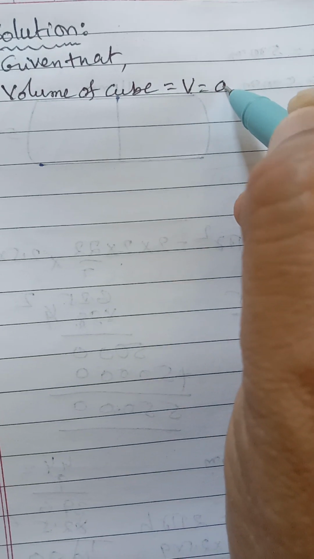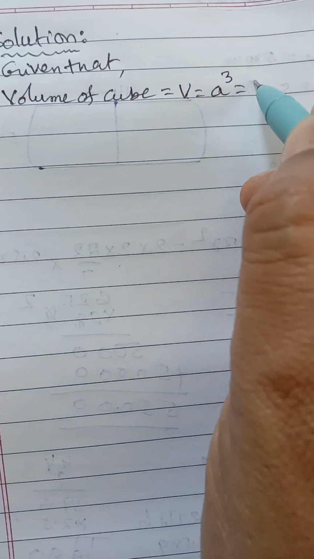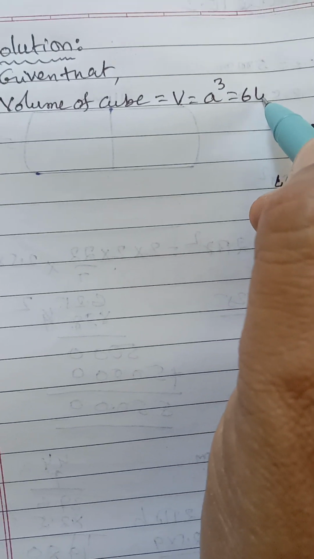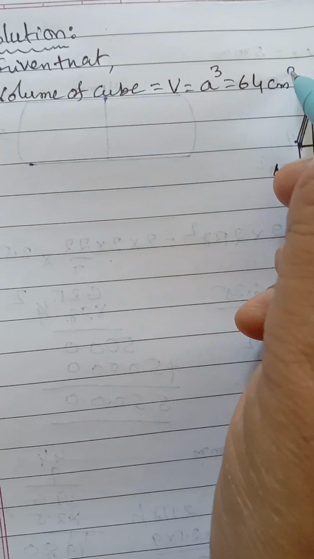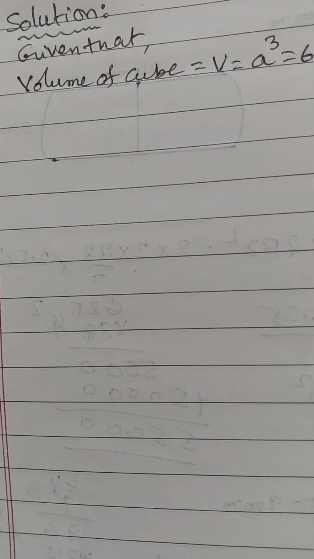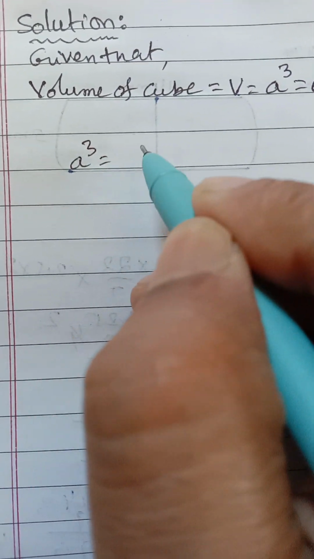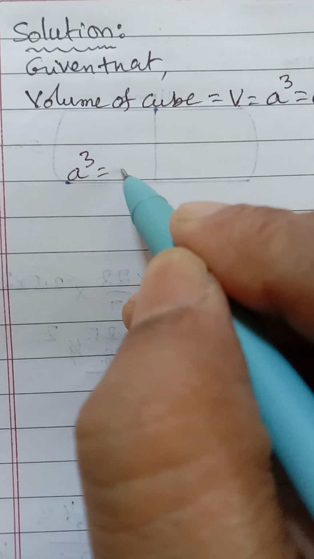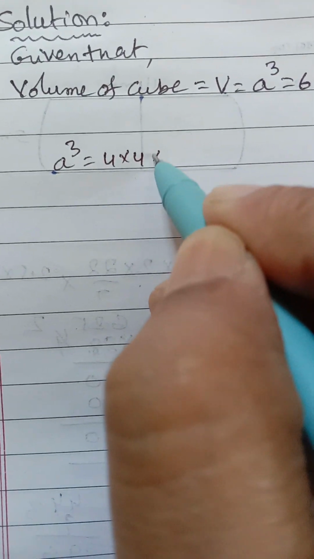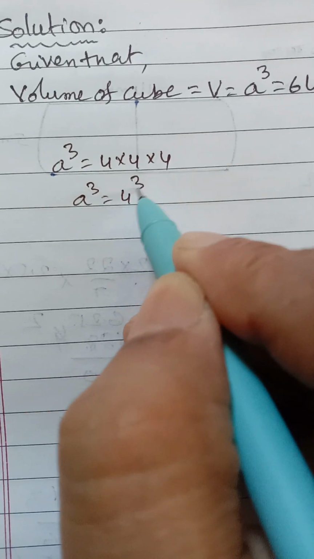Volume of a cube is side into side into side, so a cube is equal to 64. Write 64 as 4 into 4 into 4. a cube is equal to 4 cube.